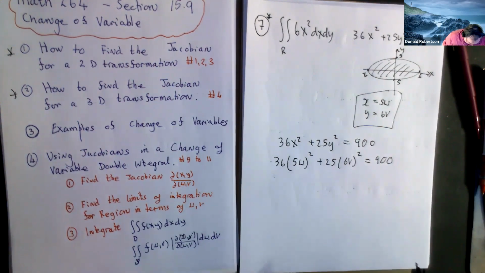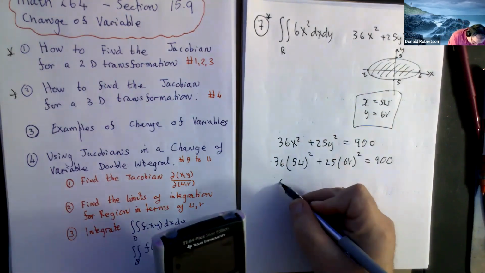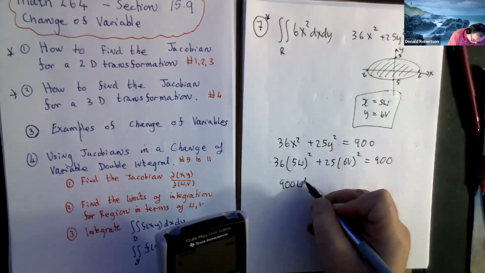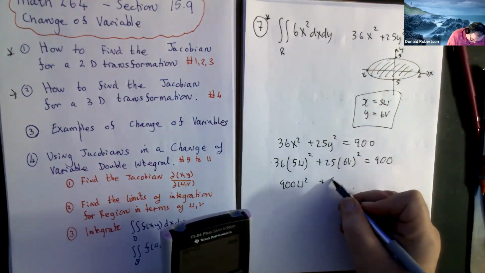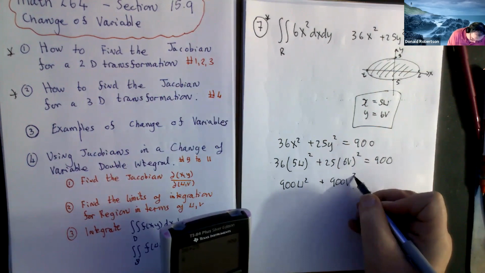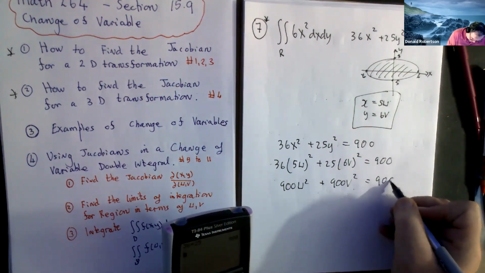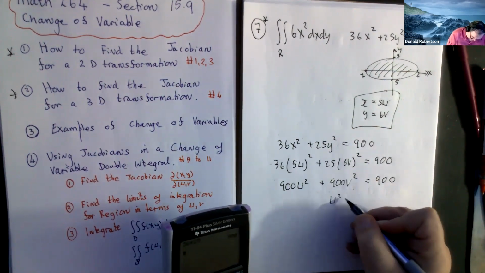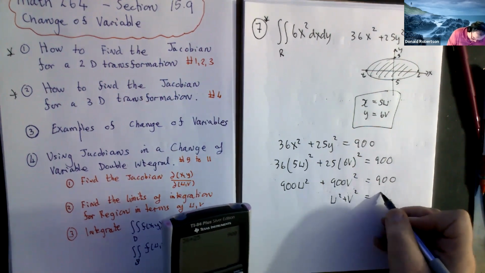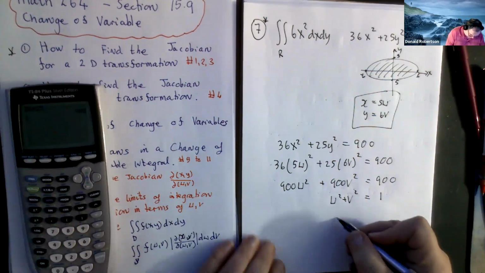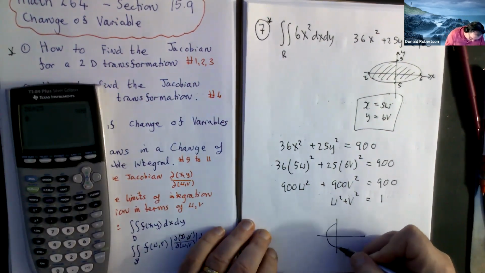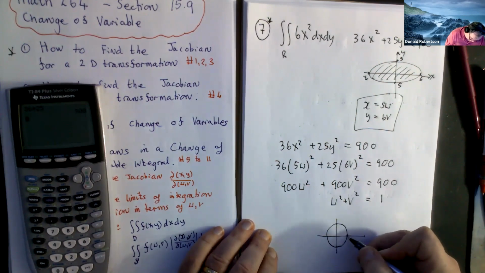And 36 times 25. 36 times 25 gets me 900 u squared. 36 times 25 gets me 900 v squared equals 900. And if I divide everybody by 900, do you see that the new guy in UV space is a circle, radius 1?